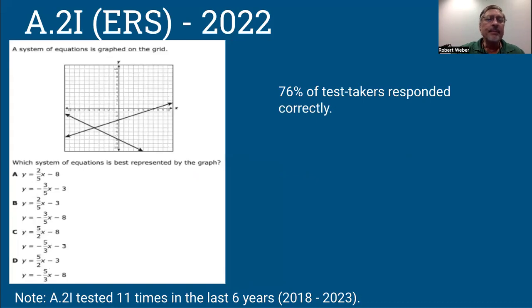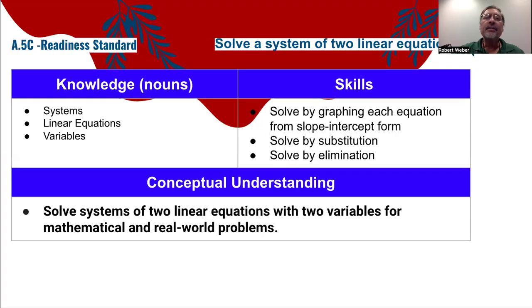You can see here, A5C, solving those system of two linear equations. Predominantly we solve by graphing, but the actual TEK, I believe, or the involvement, you should be solving by substitution as well as algebraically using elimination.